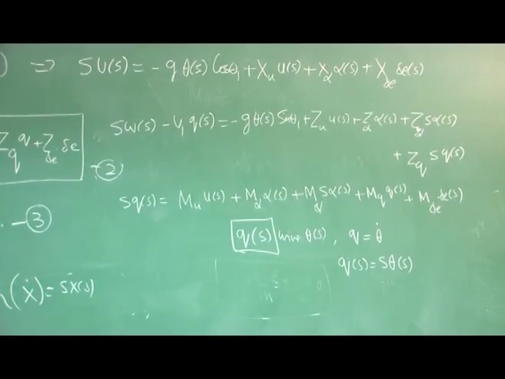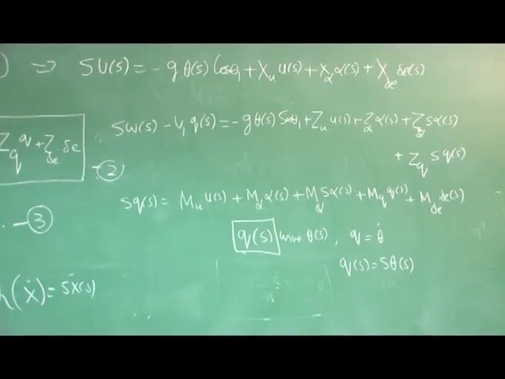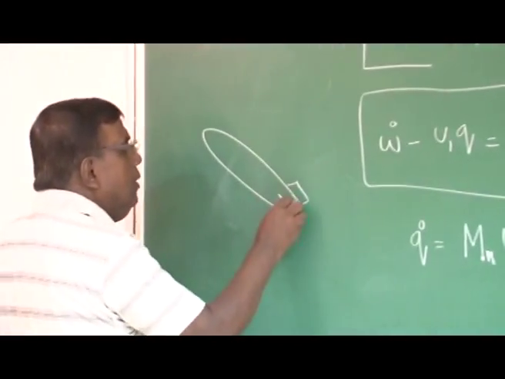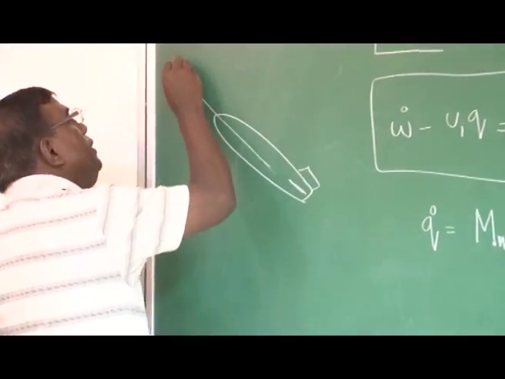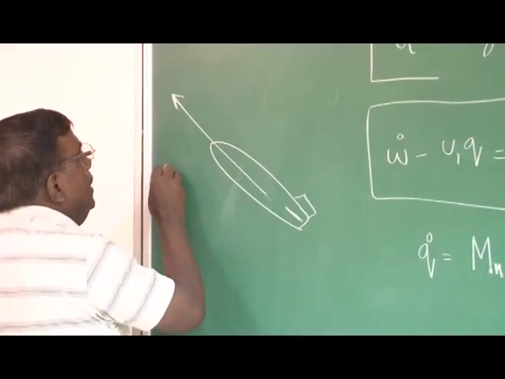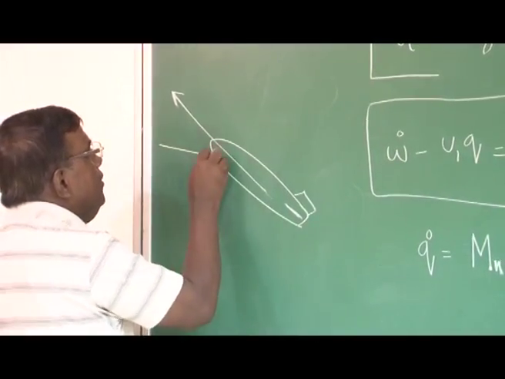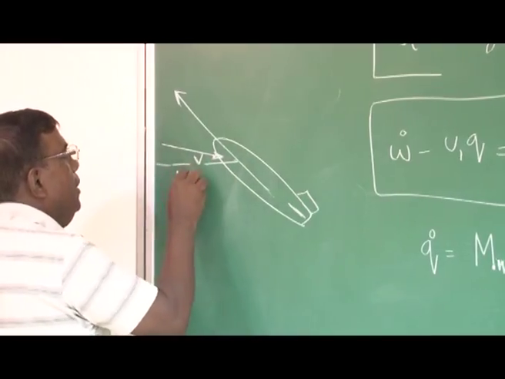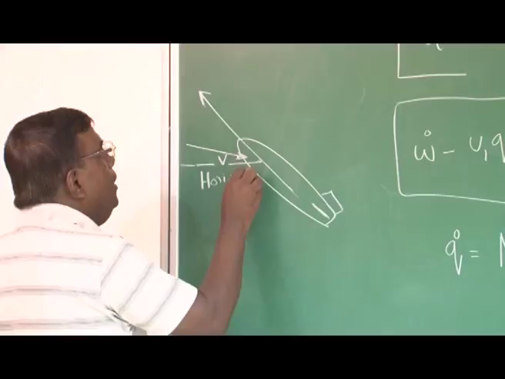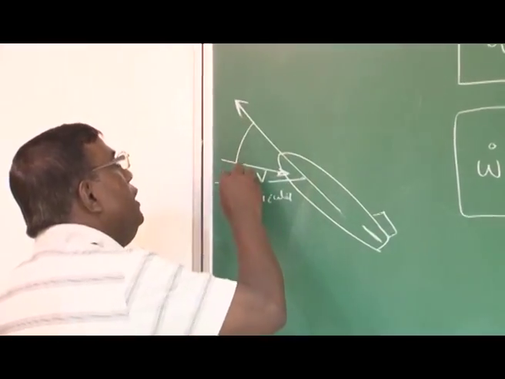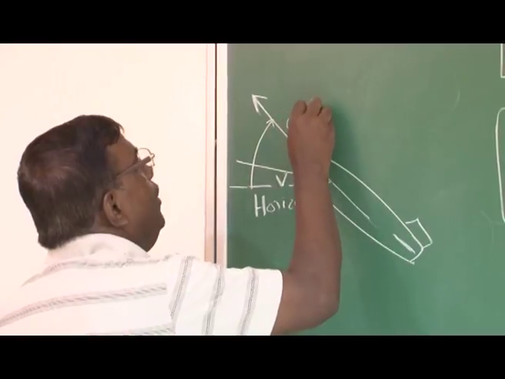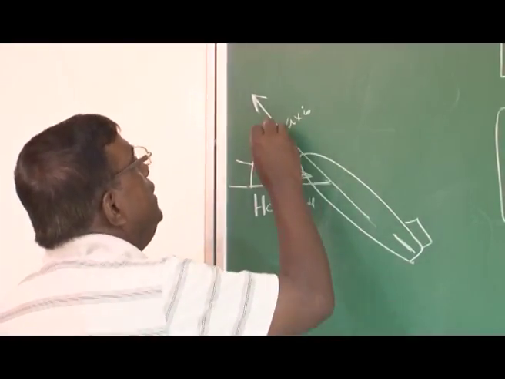If we have forgotten, let me recall, if this is my airplane, if this is my wing chord line, and this is the relative air velocity, and this is the horizontal, then this angle is chord axis to horizontal, this is theta.